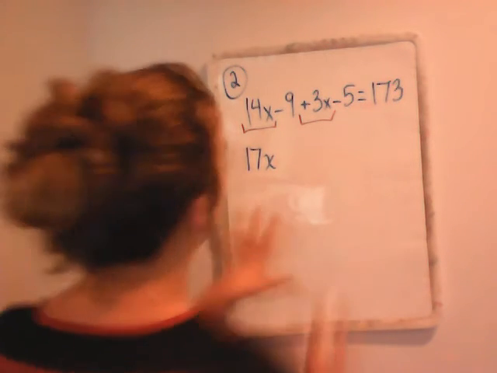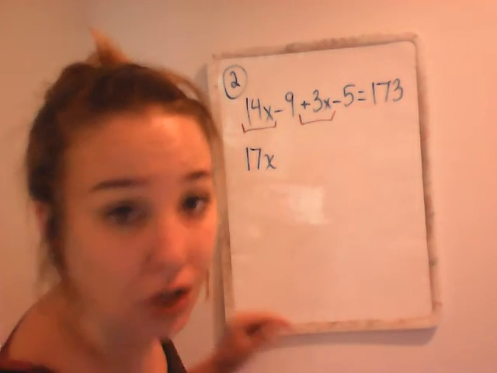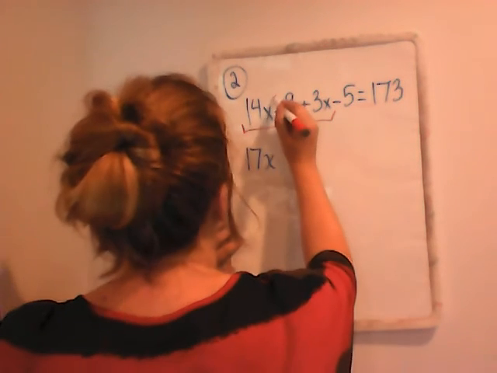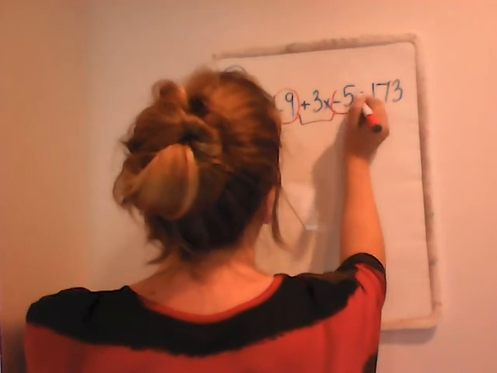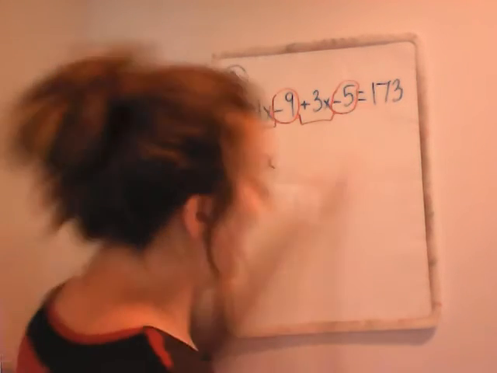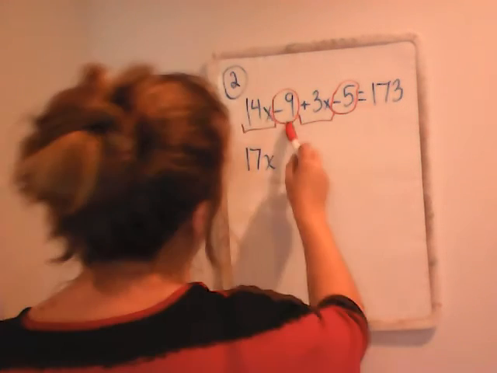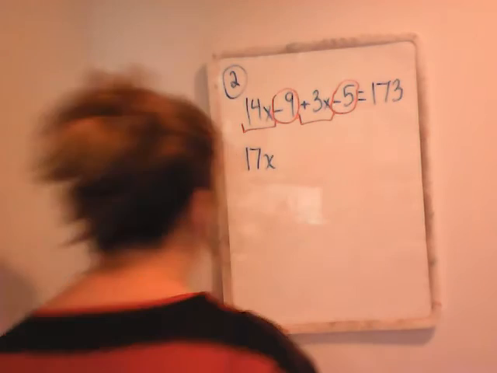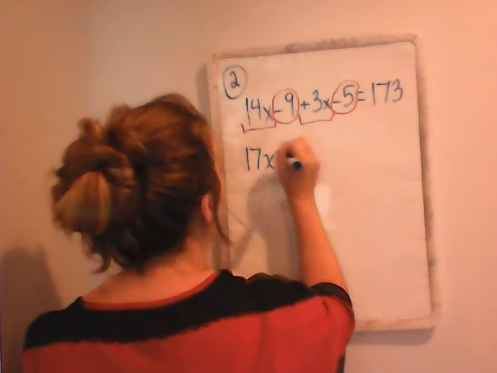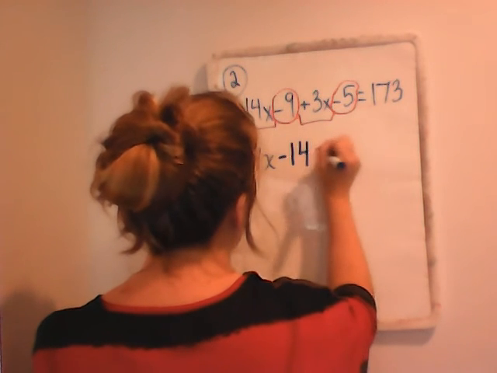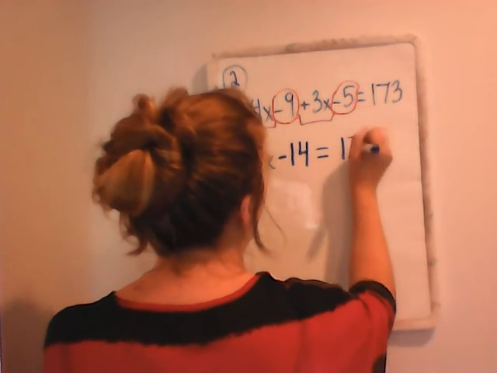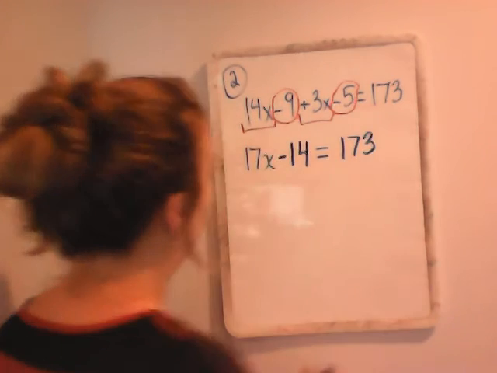And then we have to combine our constant terms, this negative 9 and this negative 5. Negative 9, negative 5, that's like you owe $9, you borrowed 5 more. Where are you? You're at a negative 14. And that's going to equal this 173, which we have not yet touched.